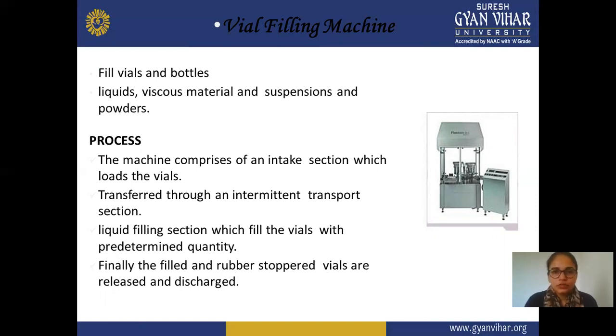Next is how this filling process is done. In the process, the machine comprises an intake section which loads the vials. First the filling, or intake of the formulation, is done, and after this it is transferred to an intermediate transfer section or any other transport section.